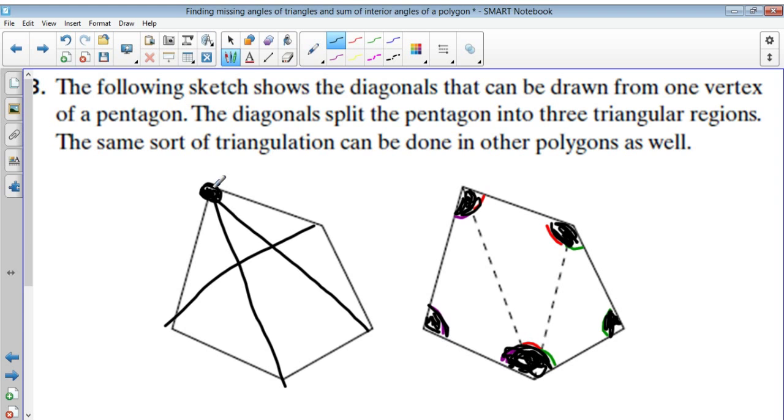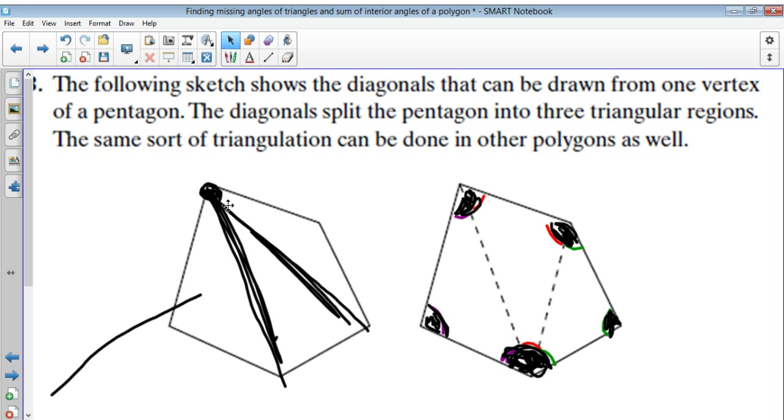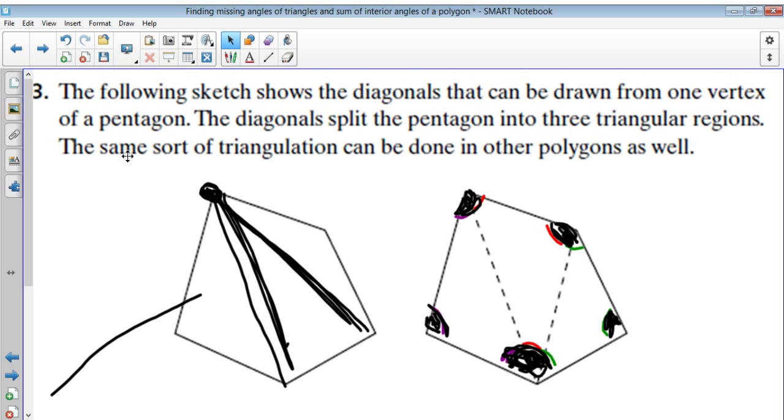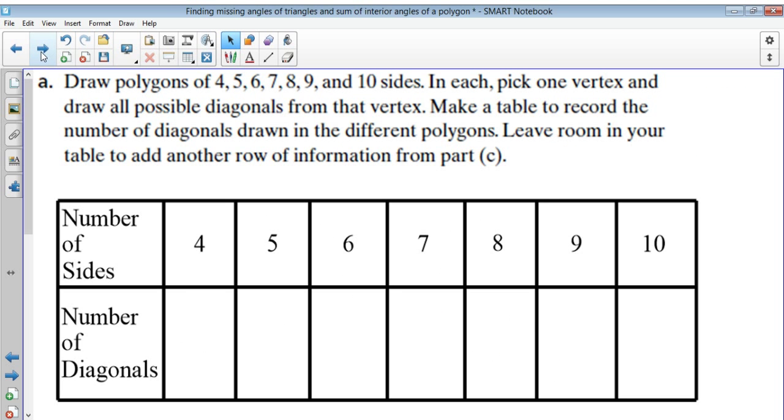We want all the diagonals coming from one vertex. So this one would not be allowed. It has to be triangles that we're creating. If your shape doesn't break into triangles like this from that one vertex, then you are doing it incorrectly. All right, and so let's do this and let's look for some patterns.